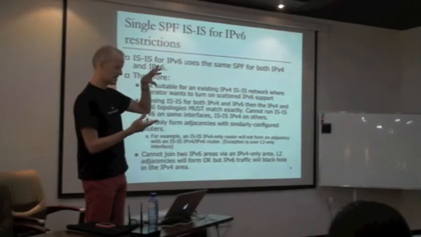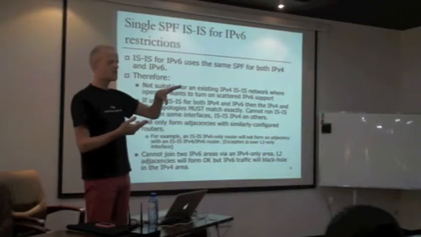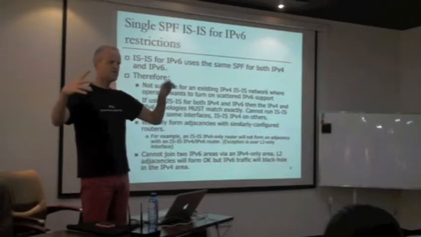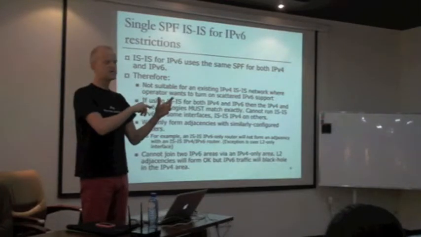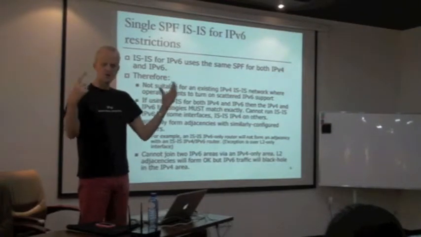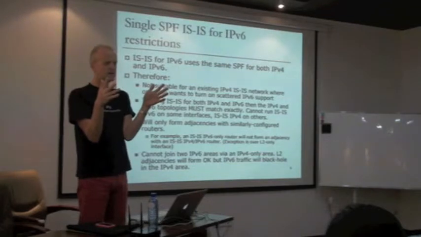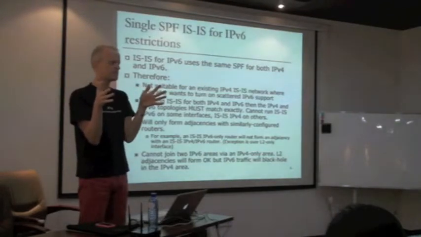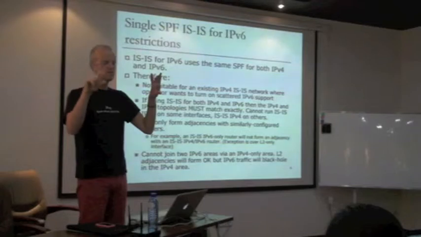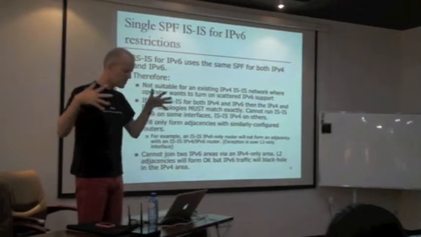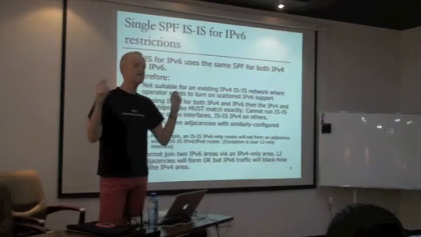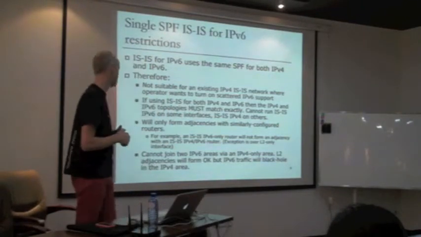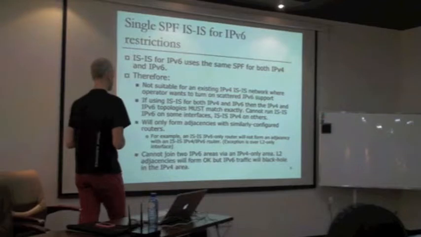Because you've got V4 on one side, V4 on another, you add one router to bring in V6, you'll find that the ISIS adjacency will stop working because the two sides of the link are supporting different protocols. One is V4, V6, the other one is just V4. So if you're deploying V6 in an ISIS network, you have to activate them at both ends of a link at the same time, which is problematic.